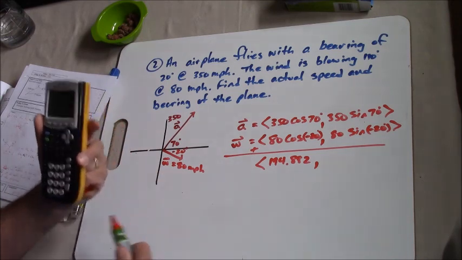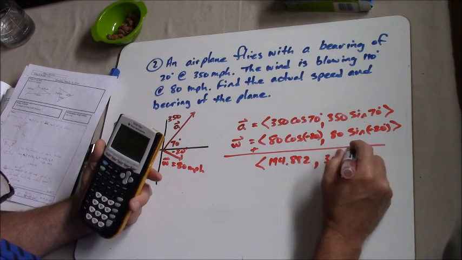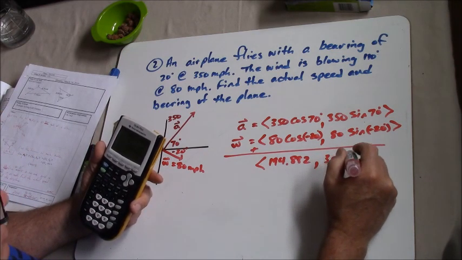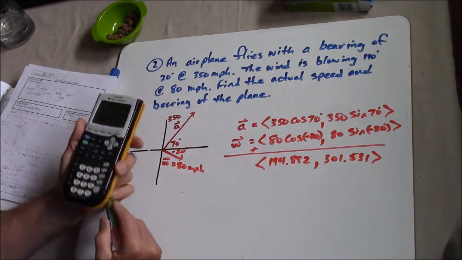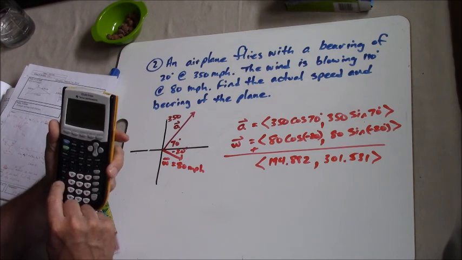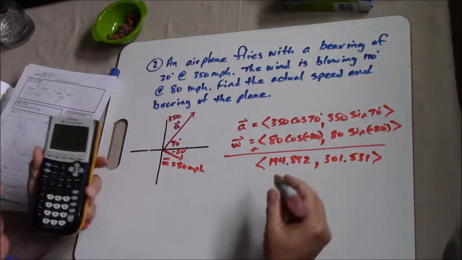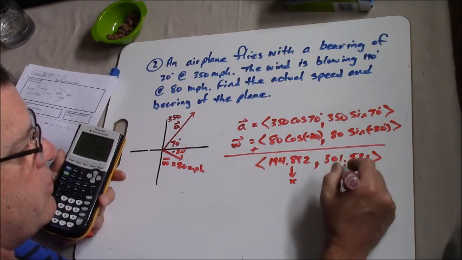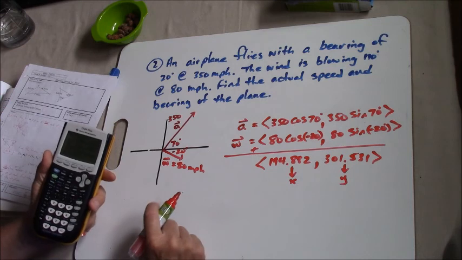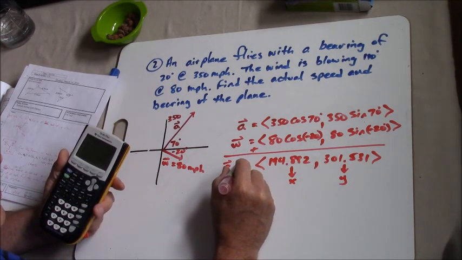And what I got is 301.531. And I'm going to store that exact value in alpha y. So store alpha y. Here's how you can show me that you stored things. Just go like this. This is stored in x. This is stored in y. And that's our resulting vector.